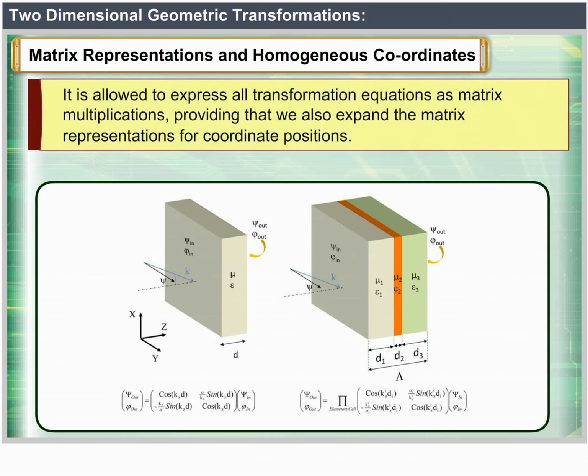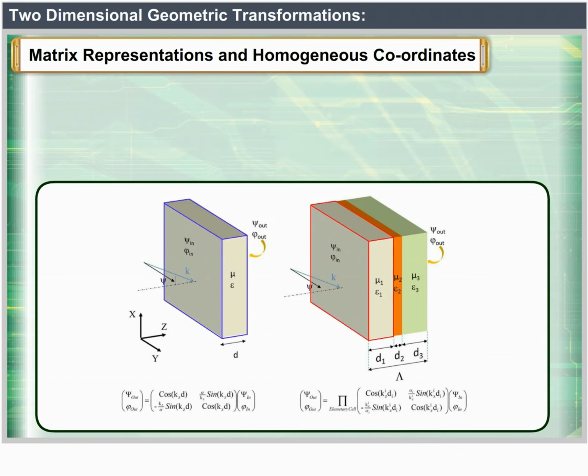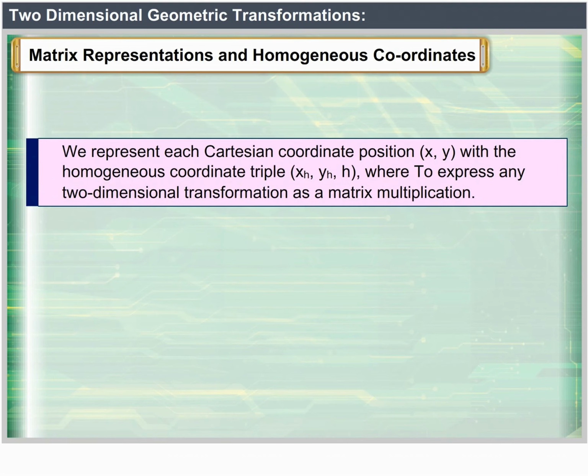To express any two-dimensional transformation as a matrix multiplication, we represent each Cartesian coordinate position x, y with the homogeneous coordinate triple xh, yh, h, where x equals xh over h and y equals yh over h.